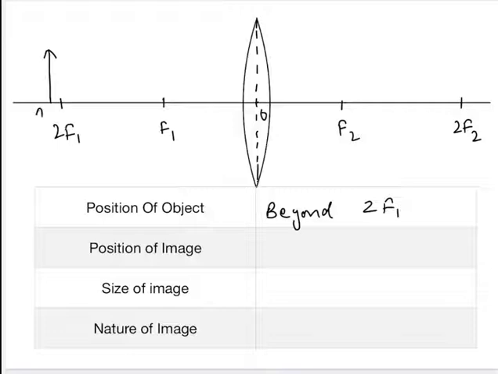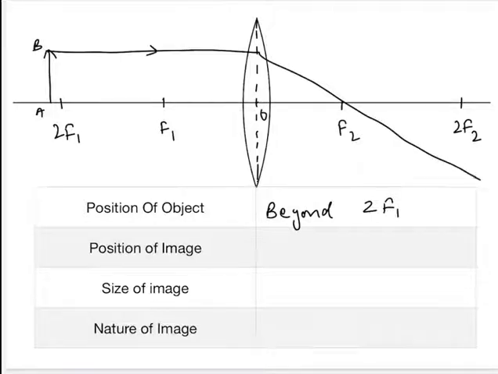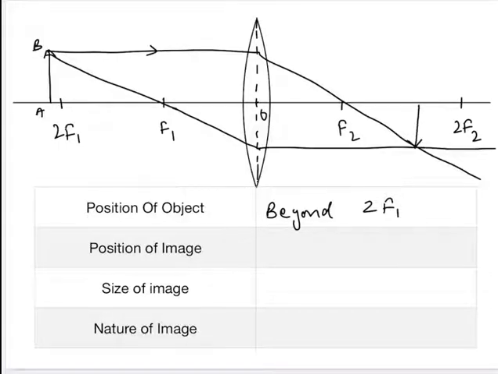So two rays from A and B, one moving parallel to the principal axis, would pass through the principal focus, and the other ray which would pass through the principal focus will go parallel to the principal axis, and the image will form somewhere between f2 and 2f2.